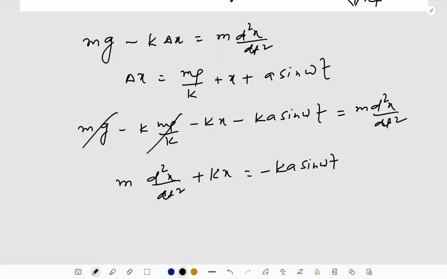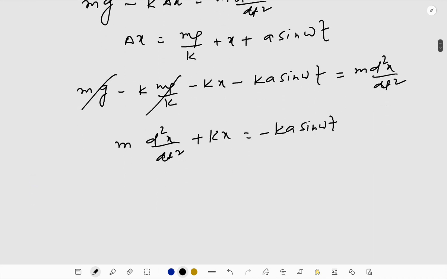So we need to solve this differential equation, and I know the solution can be of the form, that means we need to find x in terms of t, and that will be x equals a sine omega t plus b cos omega t, where a and b are some constant coefficients that need to be determined.